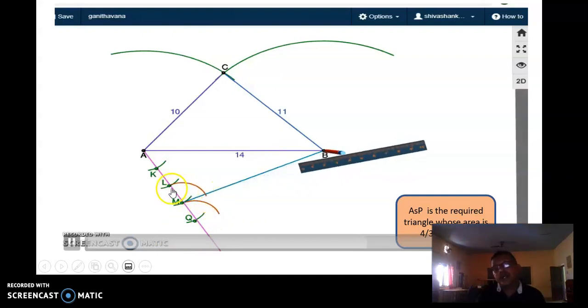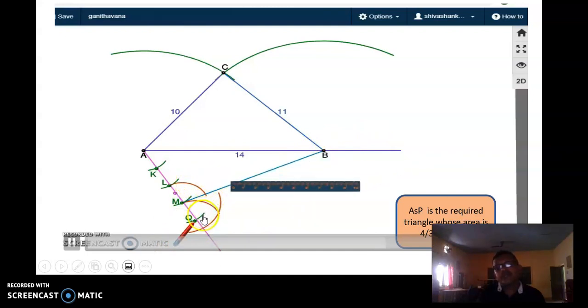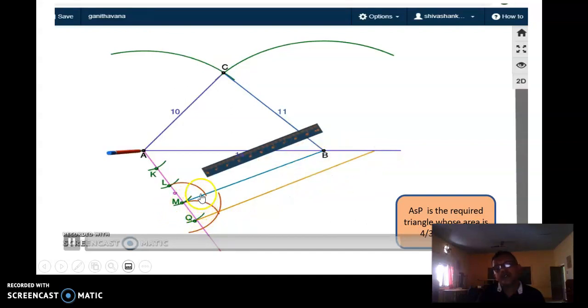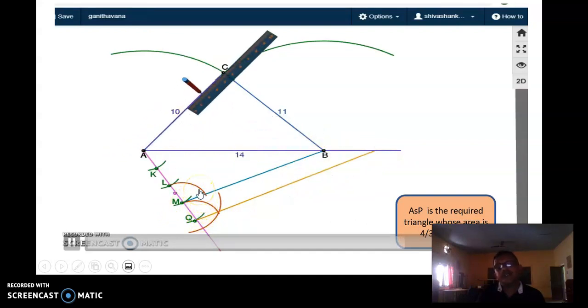Similarly draw an arc here with the same radius, draw an arc here.